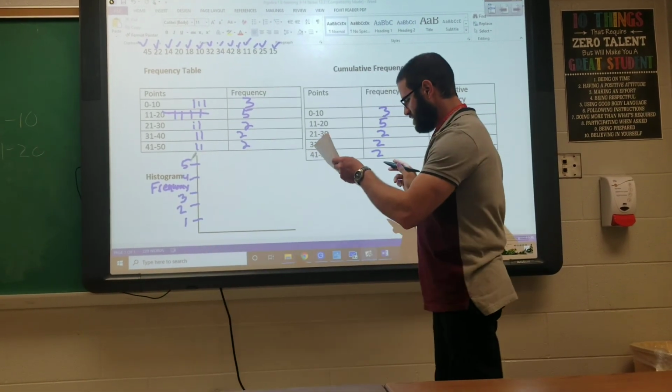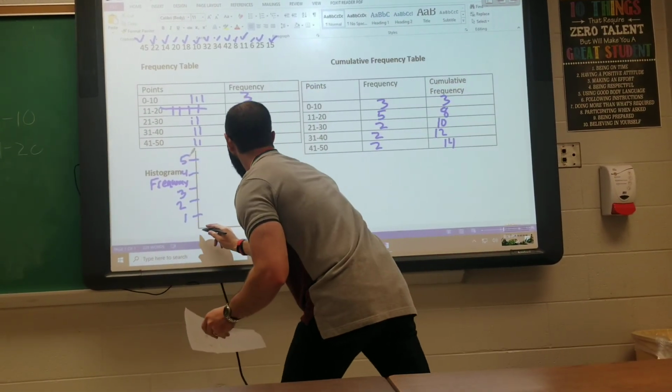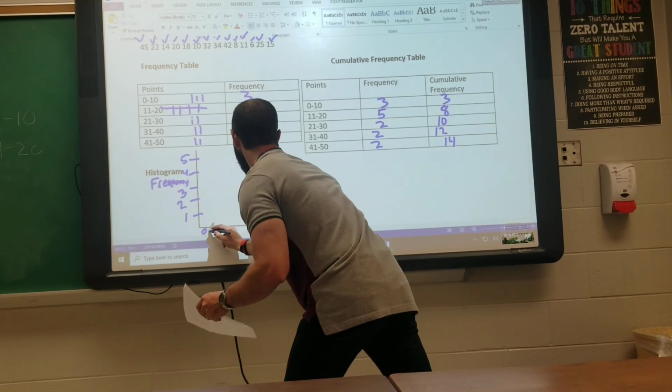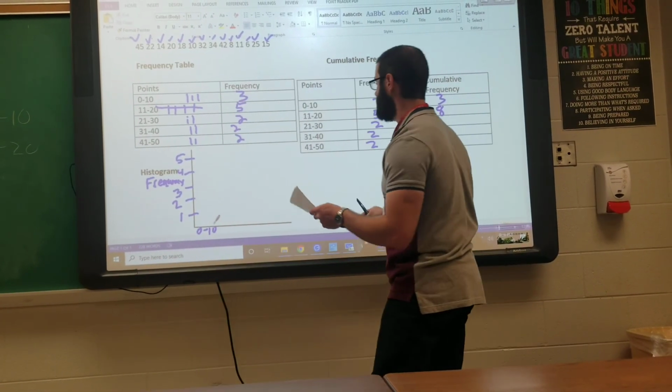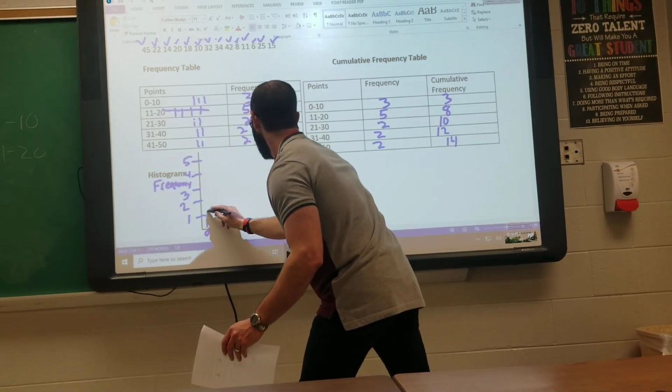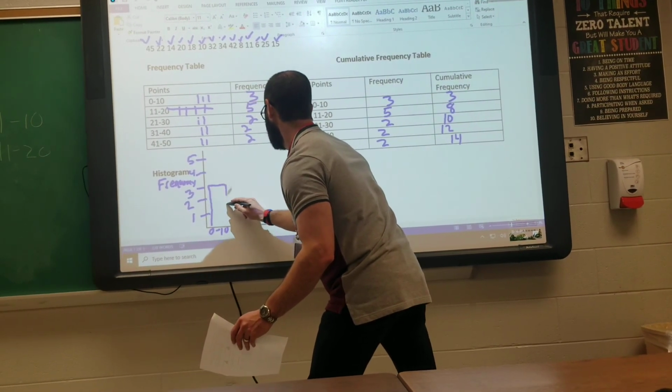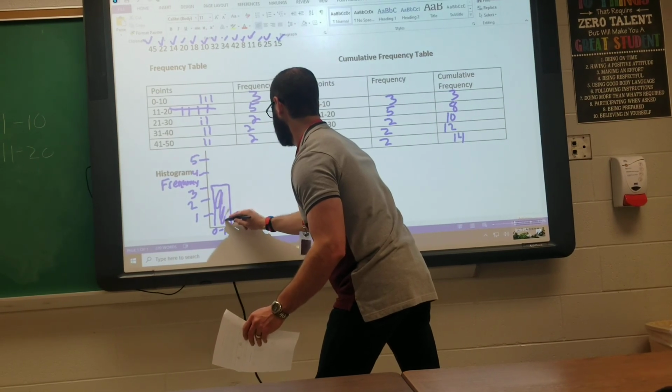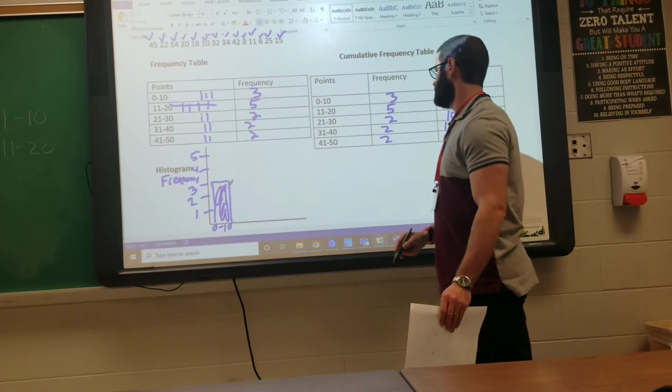Okay, so our first interval, 0 to 10. How many do we have in 0 to 10? We had 3. So I'll draw a bar here, go up to 3. Okay, so that's the first bar.